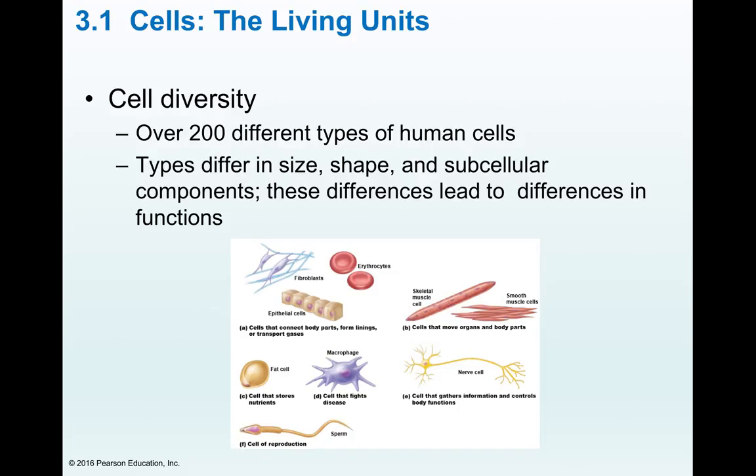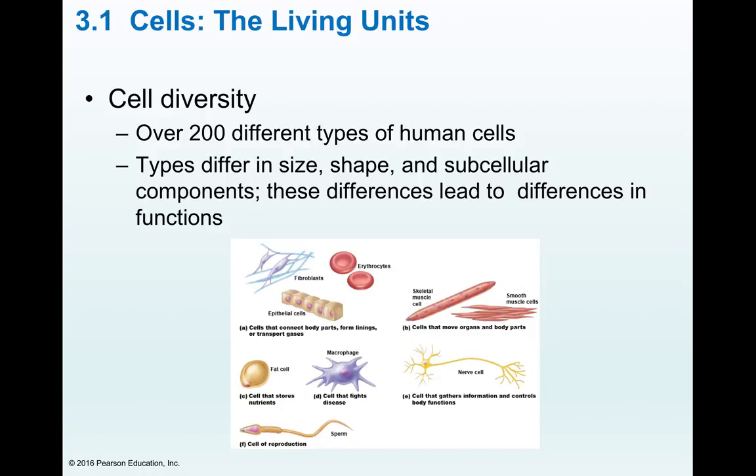If we take a look at the cells that are found within our tissues and within our organs, we can identify about 200 different cells that are different in not only their size but also shape, as well as the components that are present within them. You can see in the picture some of the main categories of cells that we will be discussing in your class.